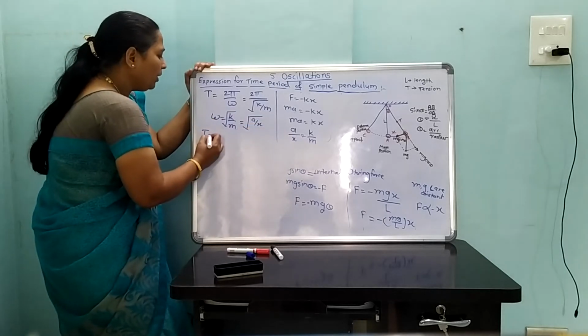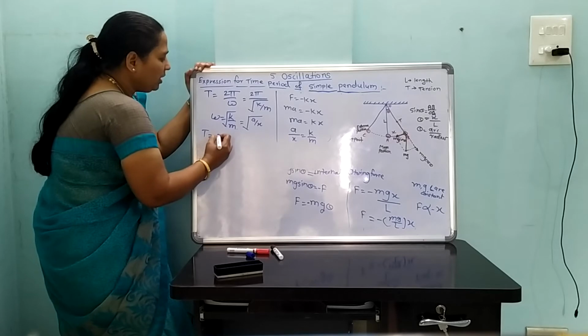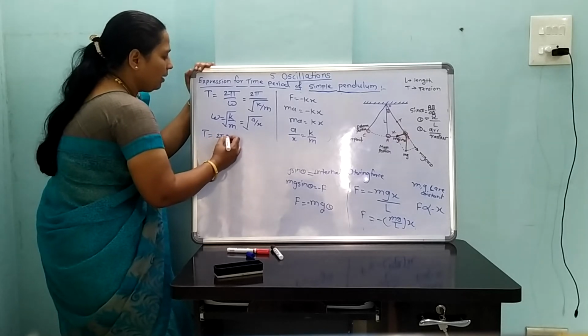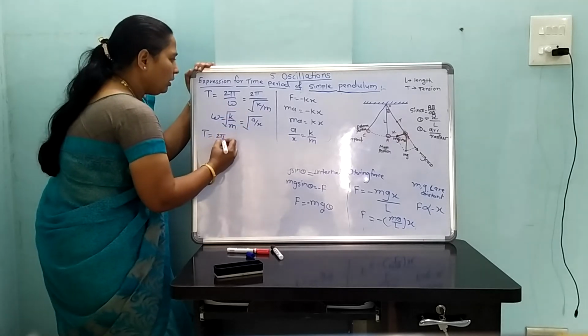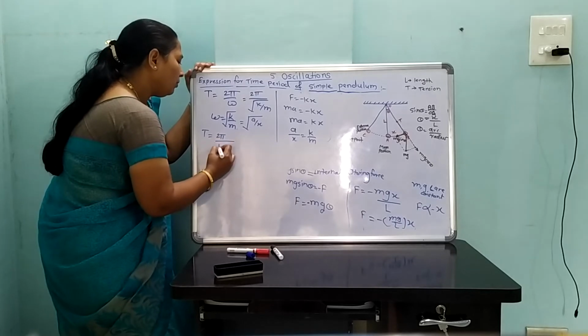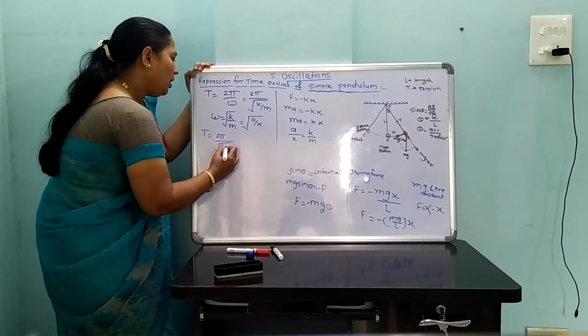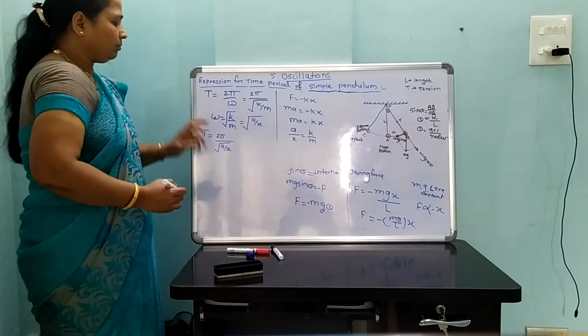Hence, the formula for period of simple pendulum is T is equal to 2 pi upon under root of A upon x.